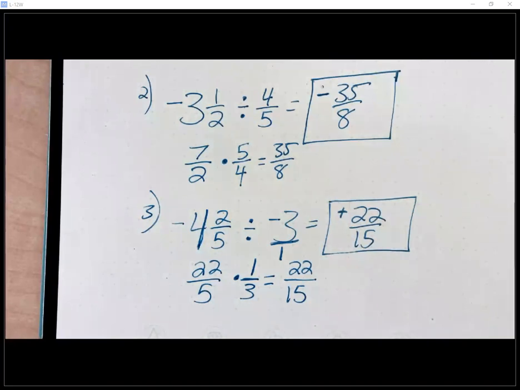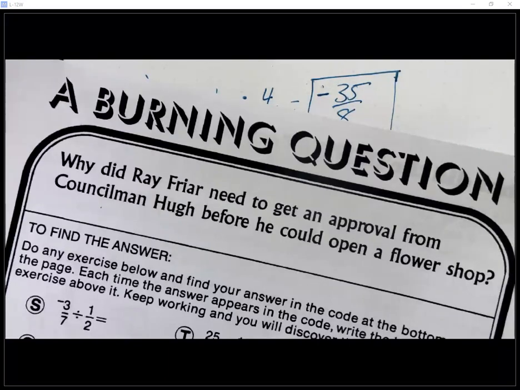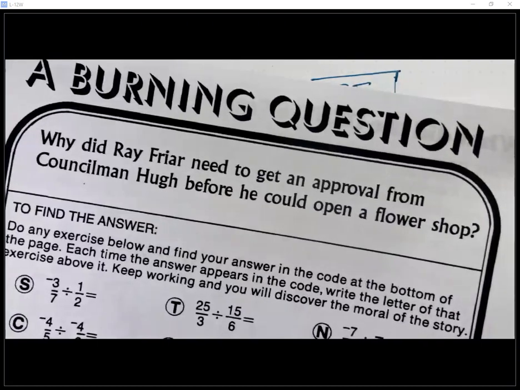Oh, did I not give you one? Sorry. Didn't you borrow one from me yesterday? Did you ever give it back to me? I'm running out. Okay, so everybody look at the second page, a burning question.